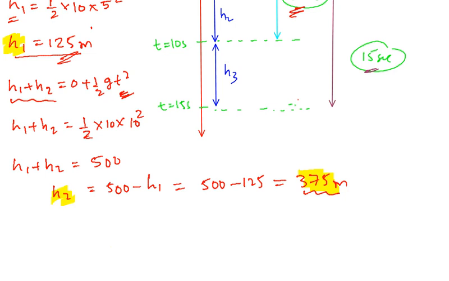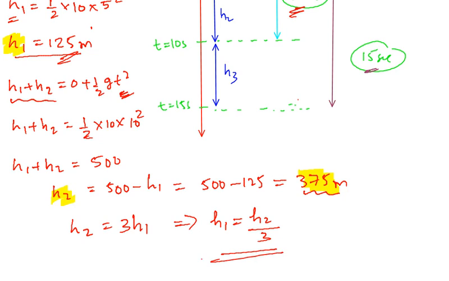Yes. h2 equals 375, that is nothing but 3 times 125, and 125 is h1. Therefore h2 equals 3 times h1, or h1 is h2 by 3.